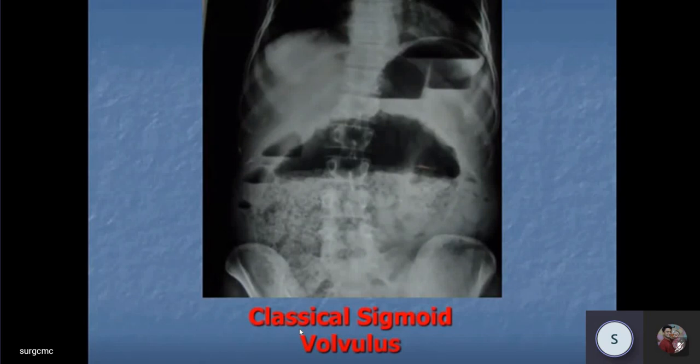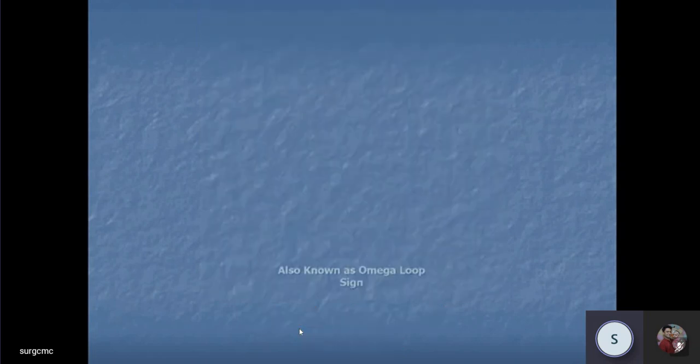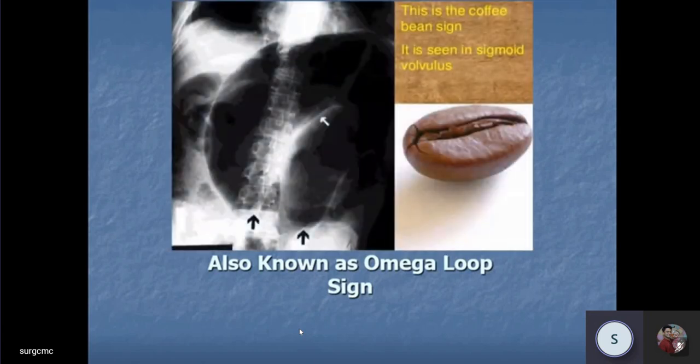And this is a picture of, as I was discussing, a sigmoid volvulus. So how does a sigmoid volvulus take its shape? Sigmoid volvulus happens over the sigmoid colon. If this is the human body, the sigmoid colon is somewhere out here, and it ultimately continues as rectum. If because of whatever reason the sigmoid is hugely dilated, you will see this kind of picture, a hugely dilated bowel loop.